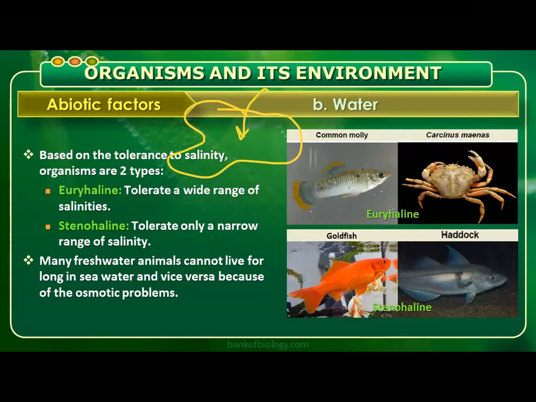If you take a marine water fish, that is adapted to marine water only. If you bring a freshwater fish to marine water, it dies. If you bring a marine water fish to fresh water, it dies. What does it mean? Euryhaline or stenohaline?